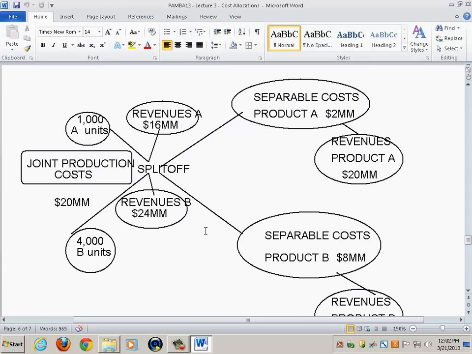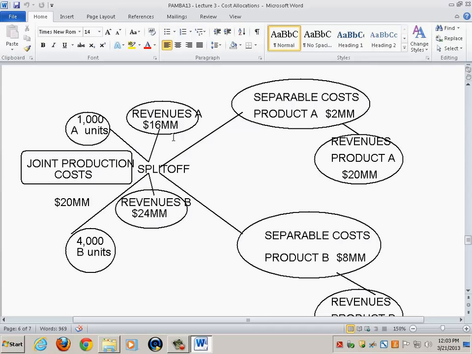we have a joint production phase where the joint production costs are $20 million. And at some point, the joint production ends, and there's what we call split off. Why do we call it split off? Because the joint production ends and the individual products are split for further separate production on each product.